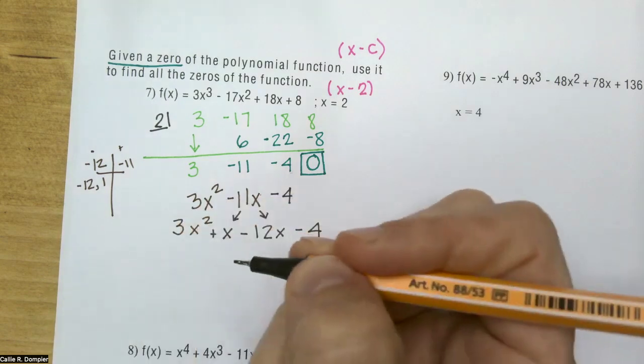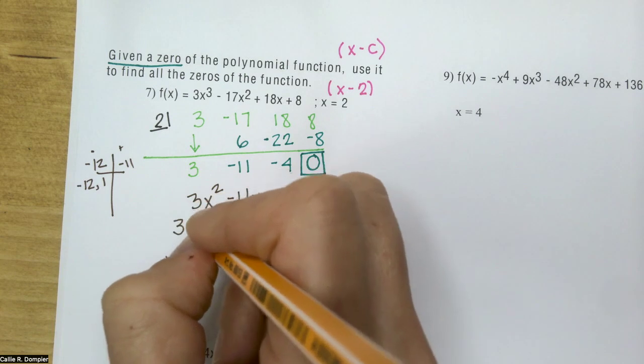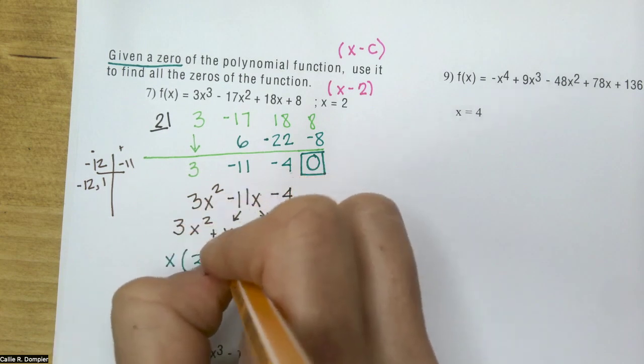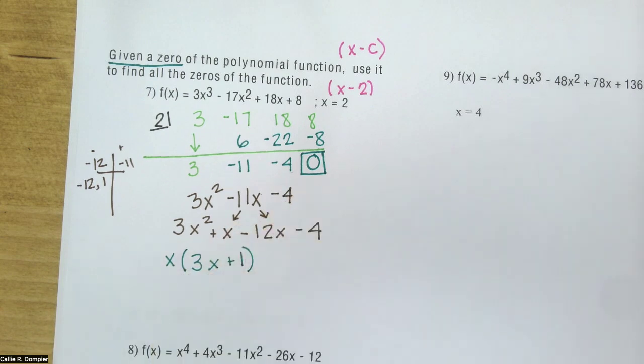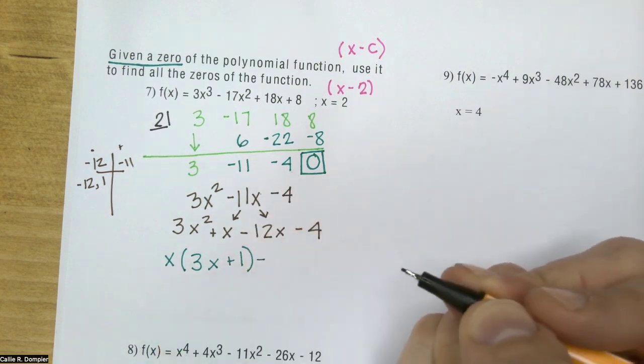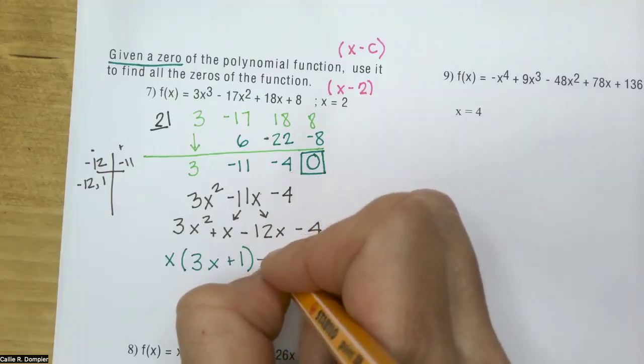What is a common factor between 3x squared and x? It's just the letter x. 3x squared divided by x gives me 3x, and then x divided by x gives me a 1. And then over here we have negative 12x minus 4. I need to divide it by a negative, so I'm going to put a minus right here. 12x and 4, I can divide them both by a negative 4.